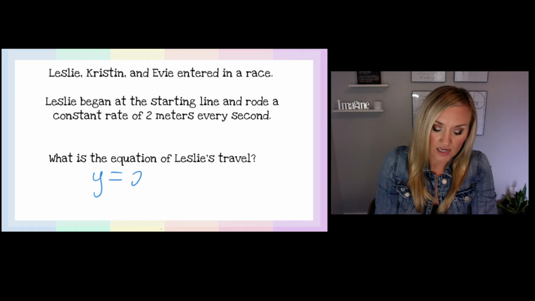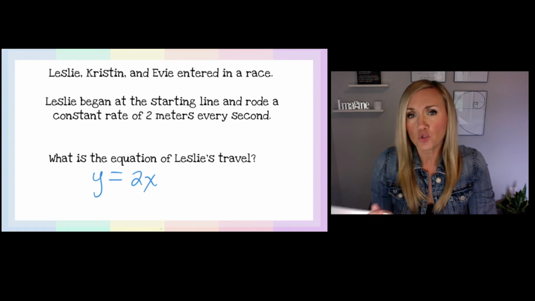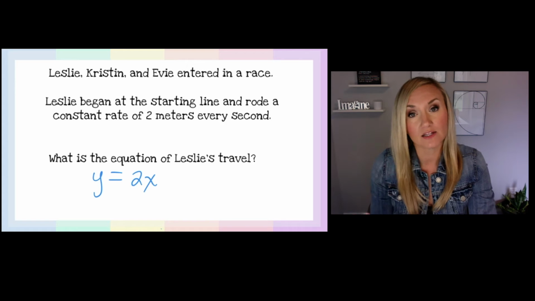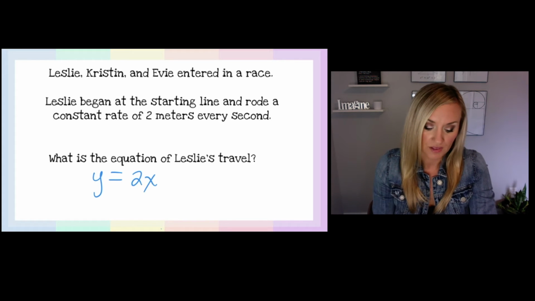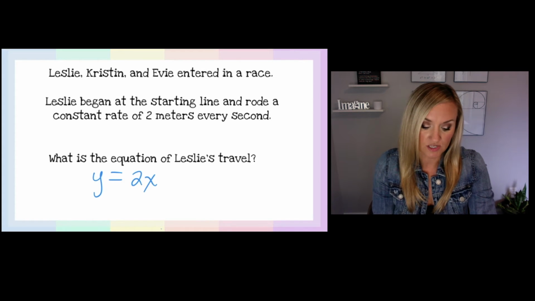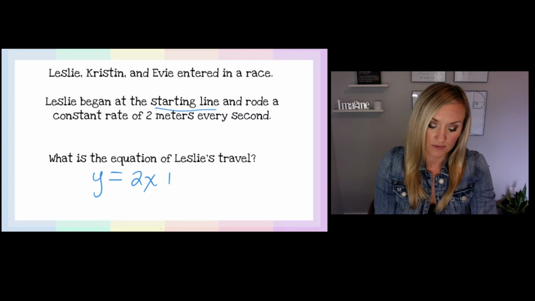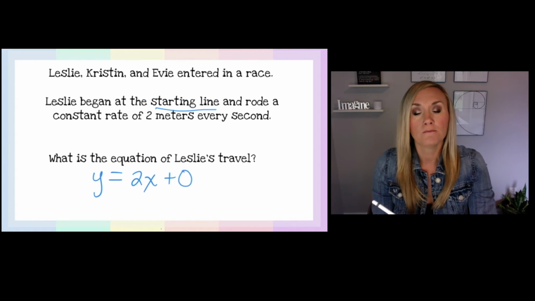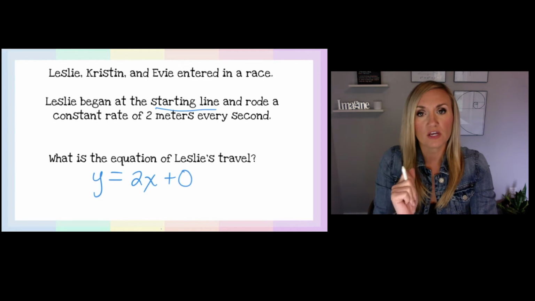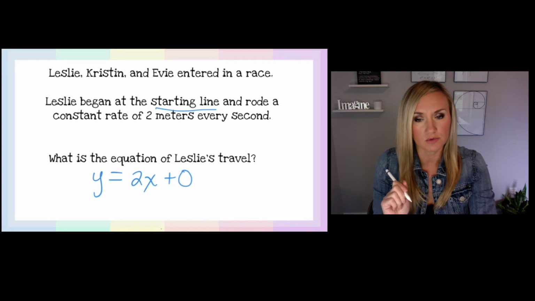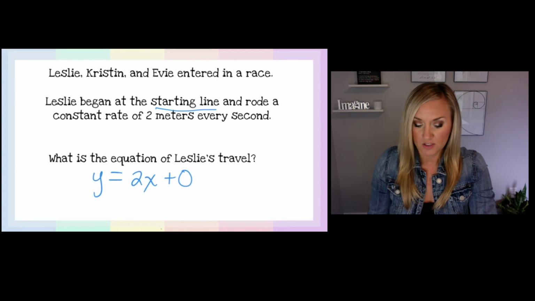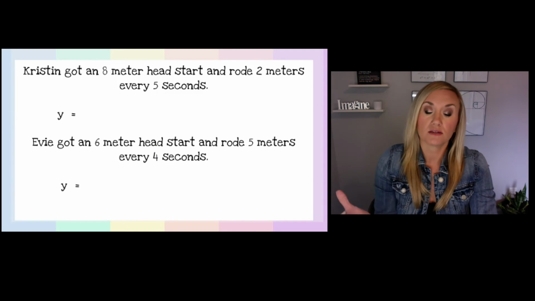So I'm going to write 2x. You can write 2 over 1, but it's not needed because we know 2 over 1 is just 2. And it says she was at the starting line, so I'm going to put a plus 0, because if we were to graph this situation, she would start at the origin, 0, 0.